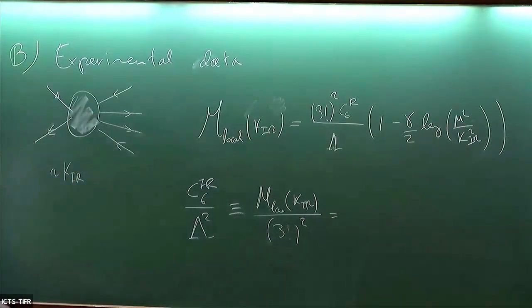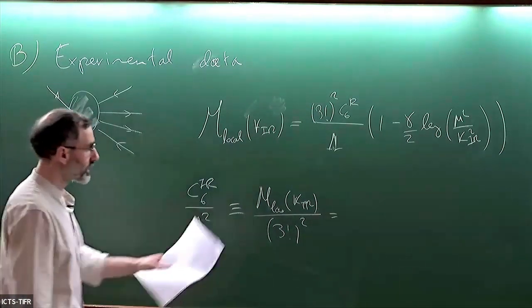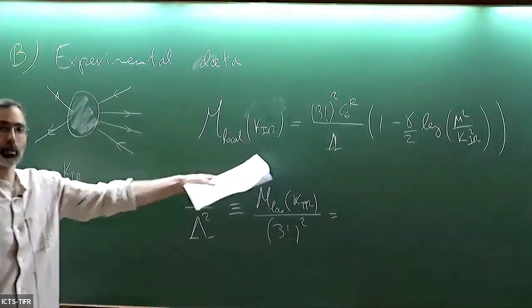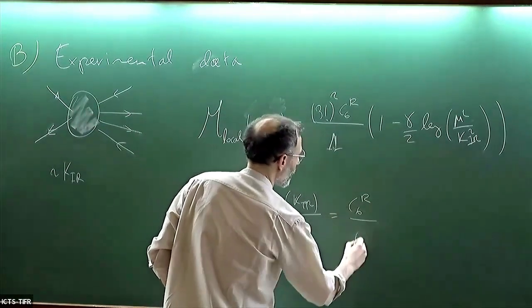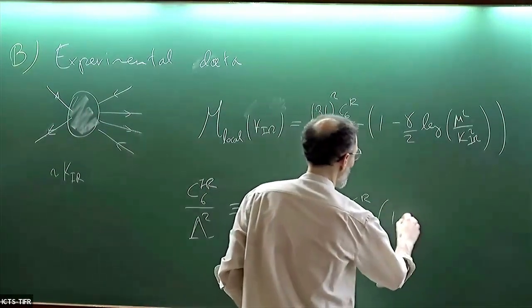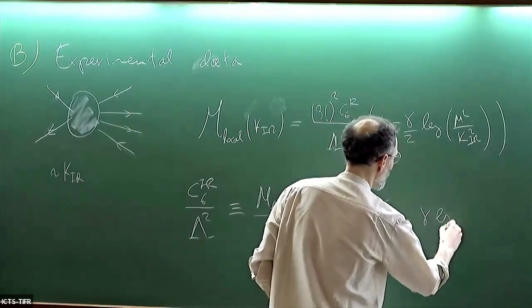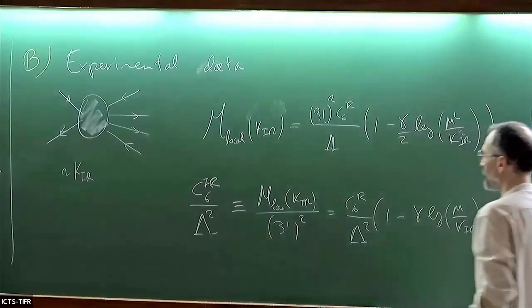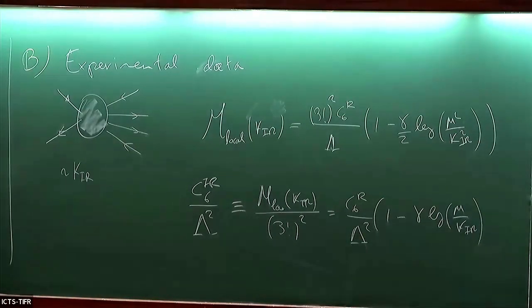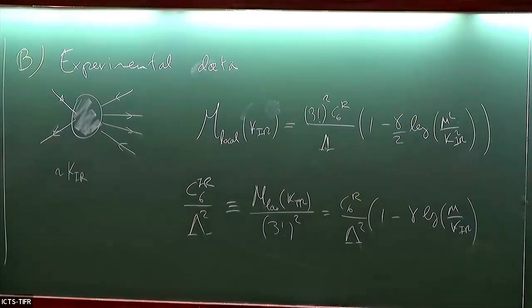Which at the same time, will be the same as this theory prediction, C6 renormalized over lambda squared times 1 minus gamma log of mu over K_IR. I've just taken a factor of 2 out to get rid of that half. And then I have an expression.